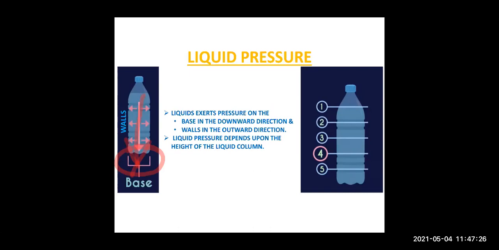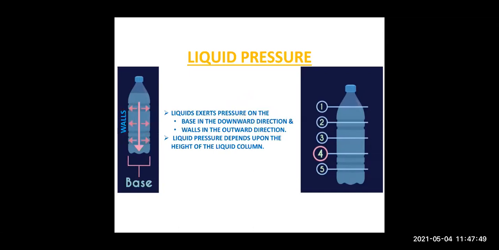Plus it will also exert a pressure on the walls of the bottle, and that is in the outward direction. So liquid exerts pressure on the base, that is in the downward direction, and on the walls in the outward direction. So let's try to understand this.